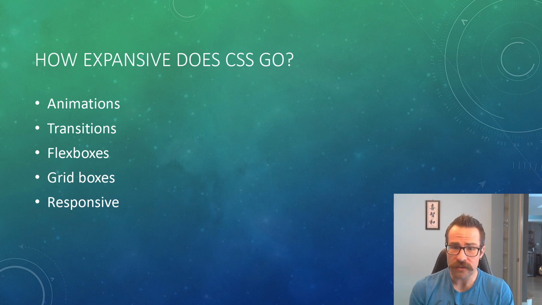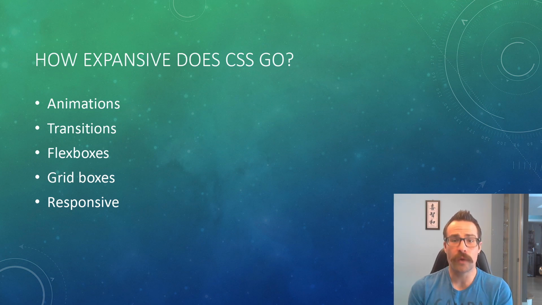Now, I'll admit, there's so much more I need to learn. And just from my little bit of research, there are animations you can do. There are transitions you can do. You can learn flex boxes, grid boxes, and these are going to help make your websites more responsive. And what that means is fit on multiple screens.